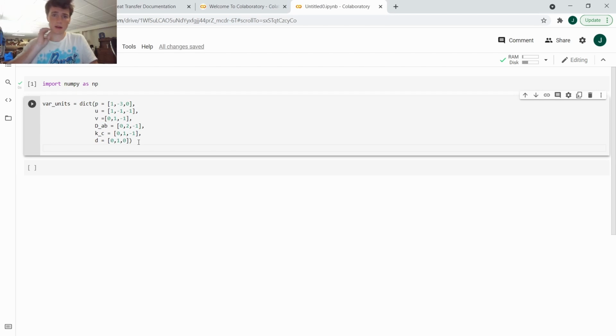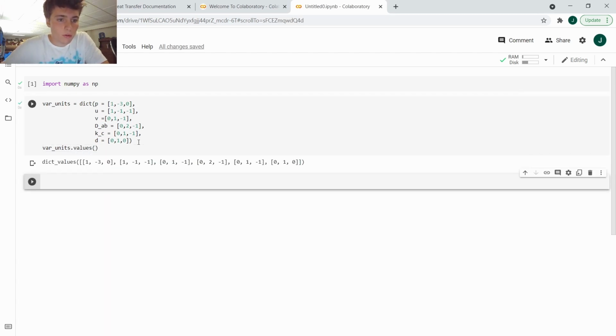And so we want to create our dimensional matrix. If we look at var units and use the method values, we just get the vector of units for each of our variables.